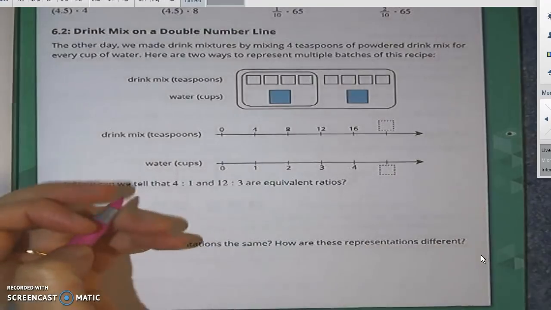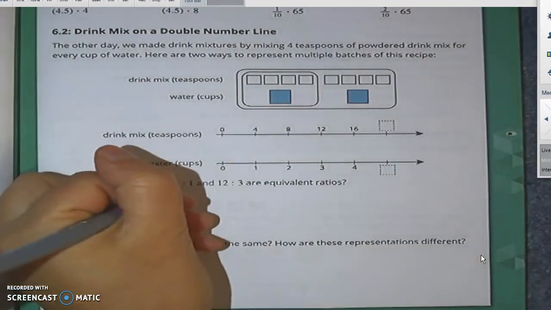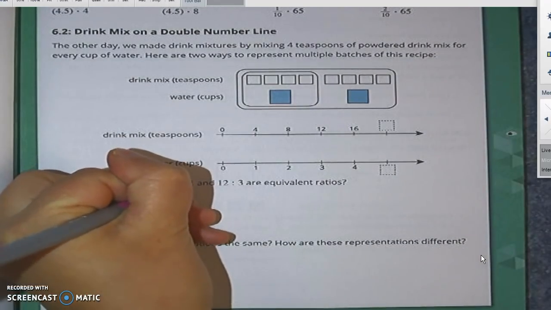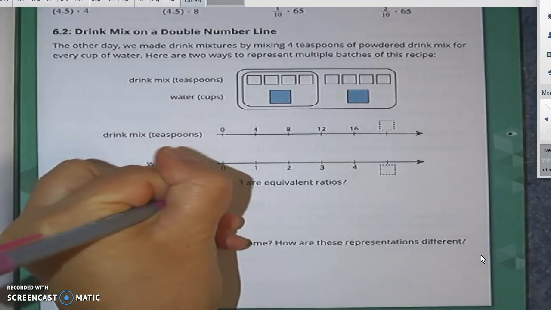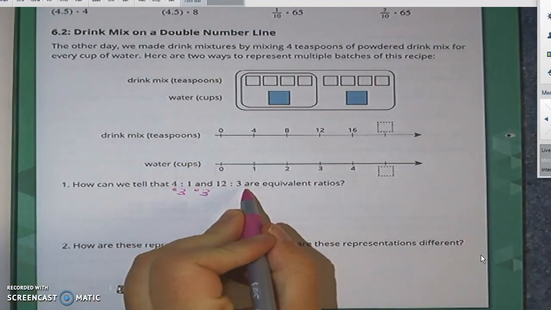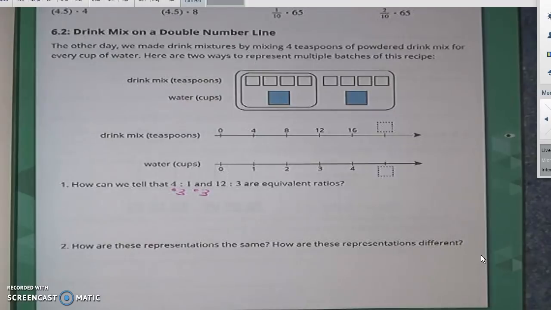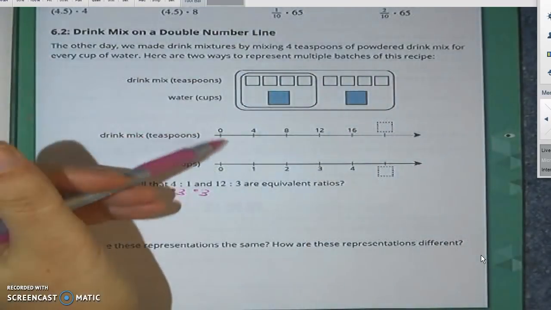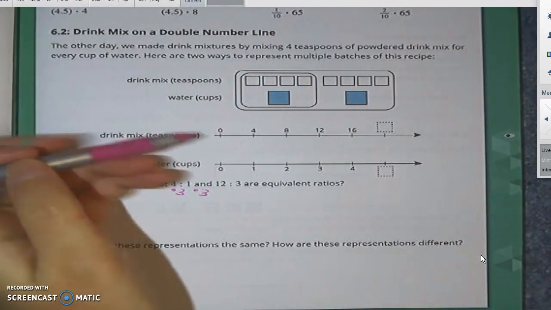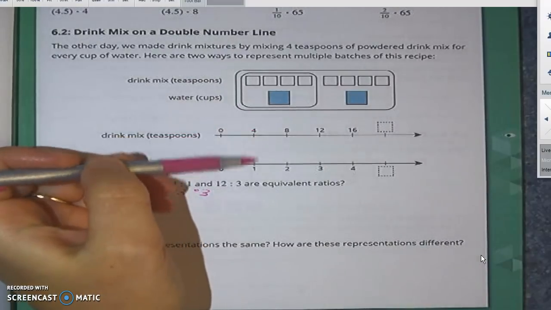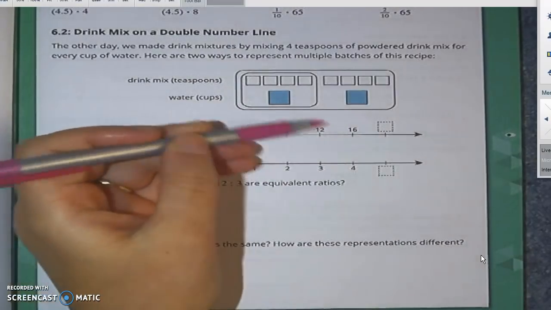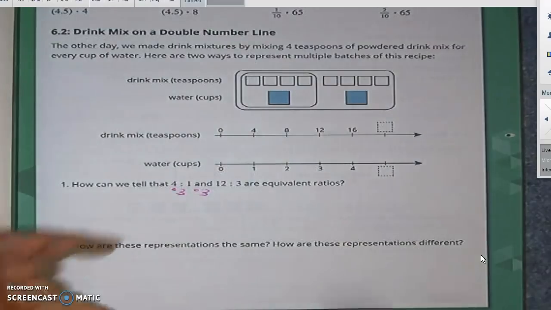Well, one way that we can tell is because if we do 4 times 3 and 1 times 3, that's going to give us 12 to 3. But we can also tell from looking at our double number line, 4 and 1 line up and 12 and 3 line up.